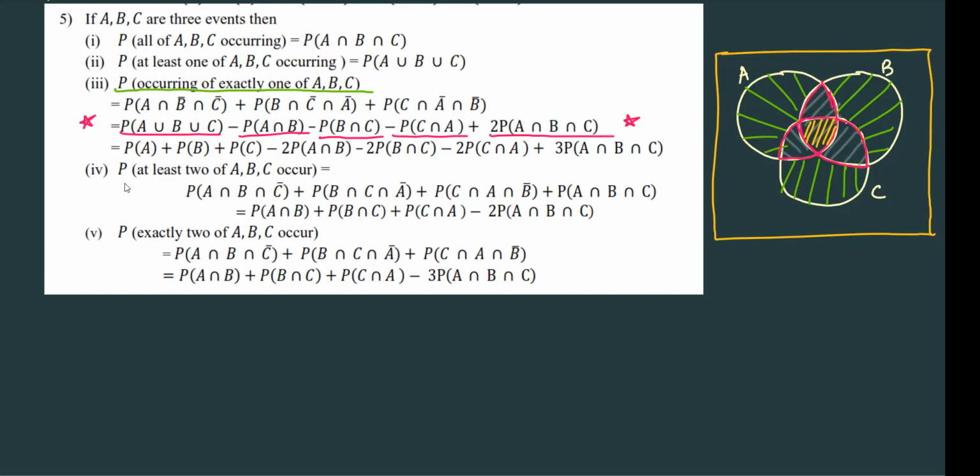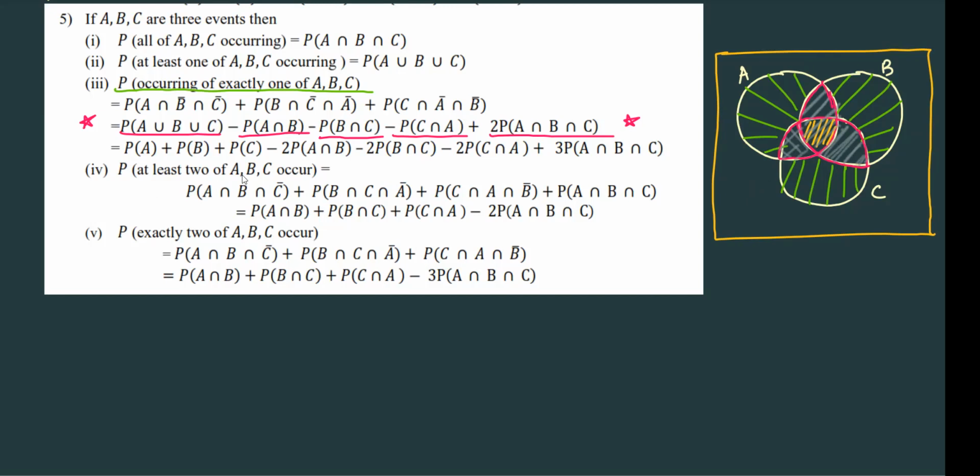Now probability of at least two of A, B, C occurring. At least two occurring means either two should occur or three should occur. So this is this whole region, what we showed earlier. So this region shows that at least A or B occurs here, at least B or C occurs here, at least C or A occurs here, and here all three A, B, C occur.